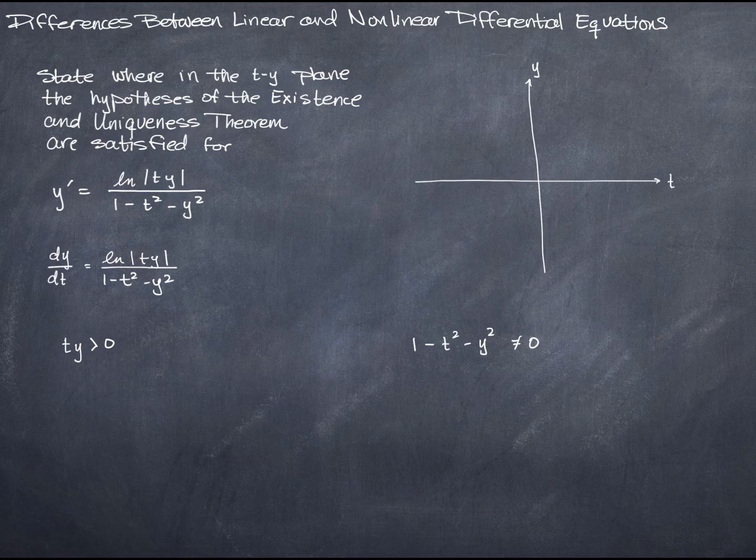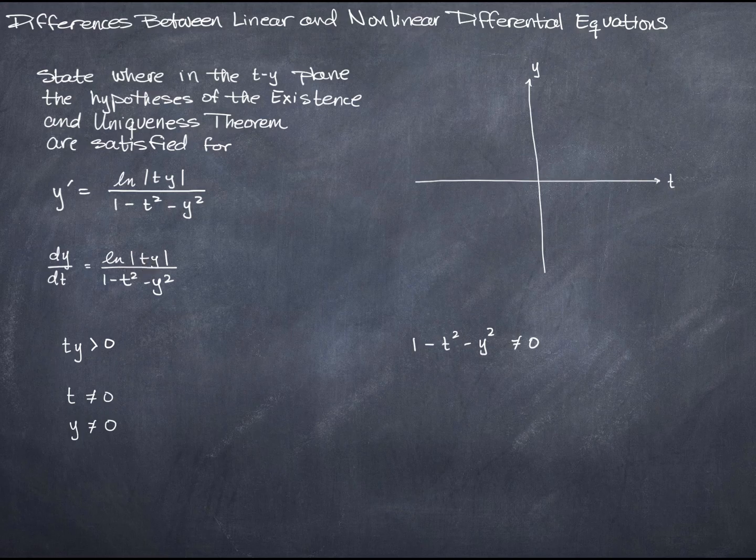Well, here there's nothing really to solve, but I can take a look at some cases, if you will. Clearly t can't be 0 and y can't be 0, because if either one is 0, then this product is 0, and that's equal to 0, and this ty must be greater than 0. This argument cannot be 0, it has to be positive.